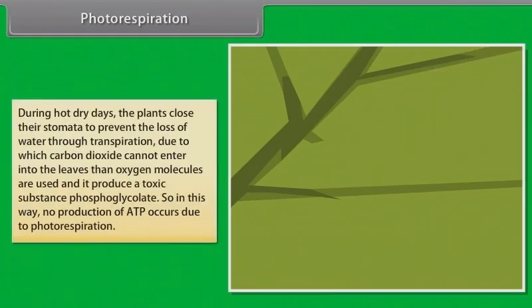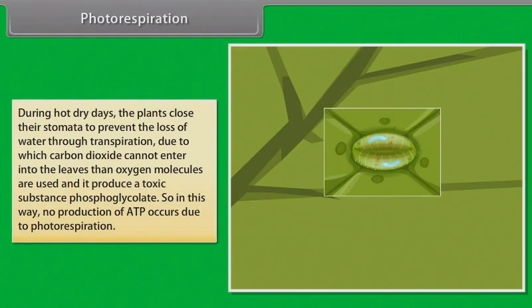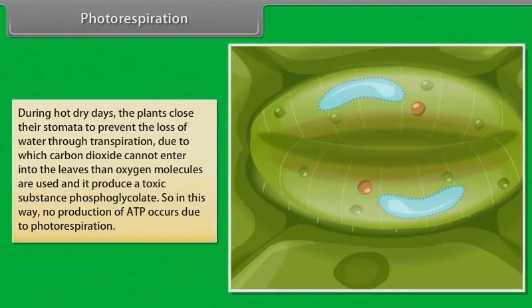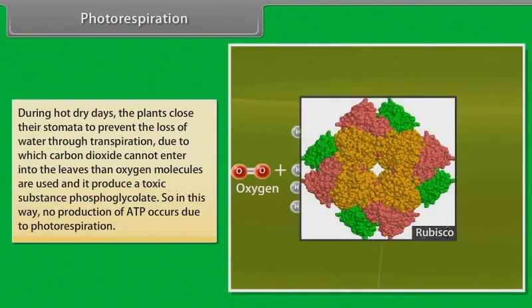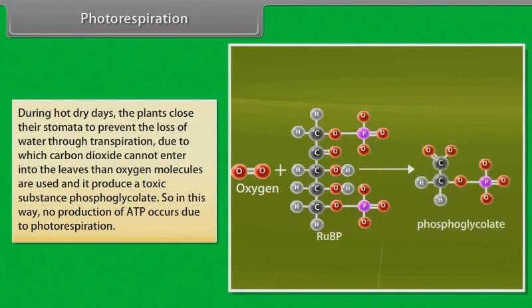During hot, dry days, the plants close their stomata to prevent the loss of water through transpiration, due to which carbon dioxide cannot enter the leaves, so oxygen molecules are used and it produces a toxic substance, phosphoglycolate. So, in this way, no production of ATP occurs due to photorespiration.